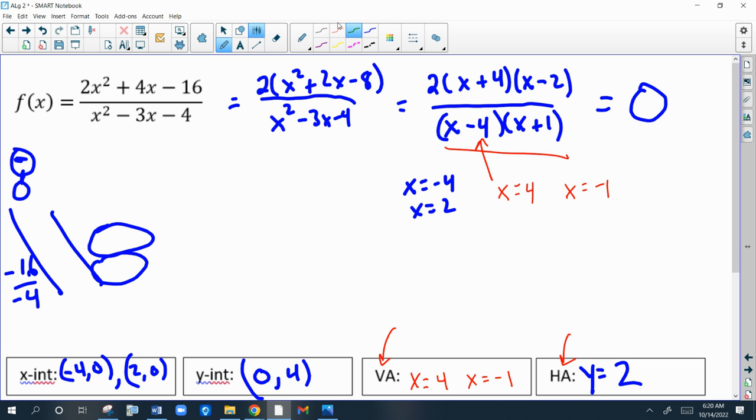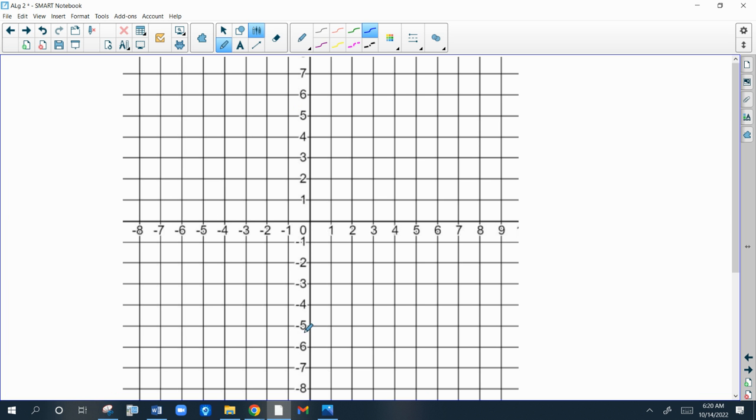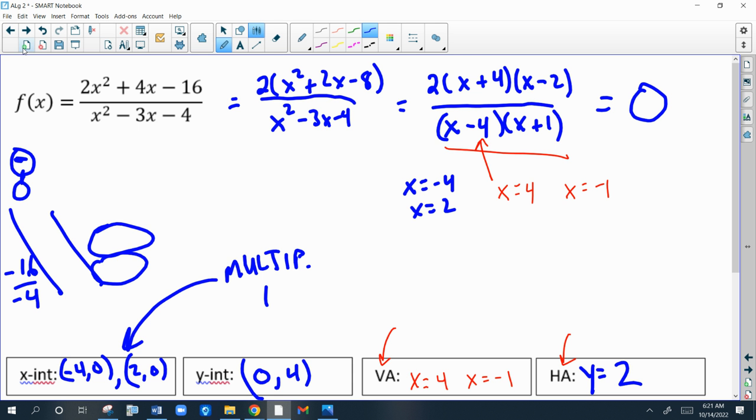One thing I forgot to mention: for the x-intercepts, look for multiplicities. The multiplicities are 1, since these each happen one time, so the graph will go through. So the x-intercepts are negative 4 and positive 2. The y-intercept was 4.